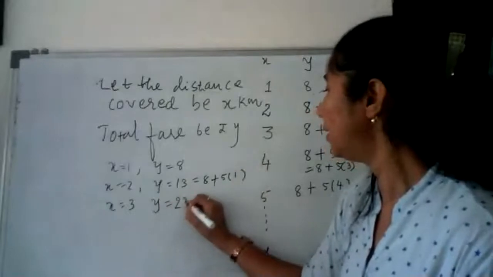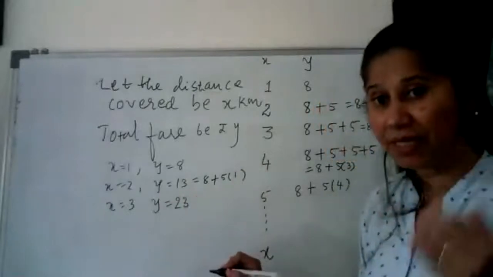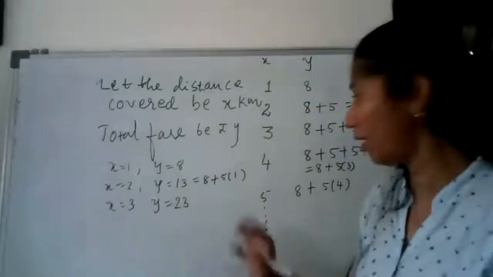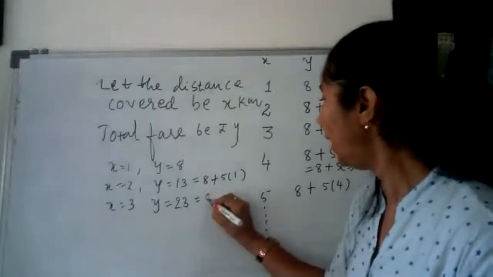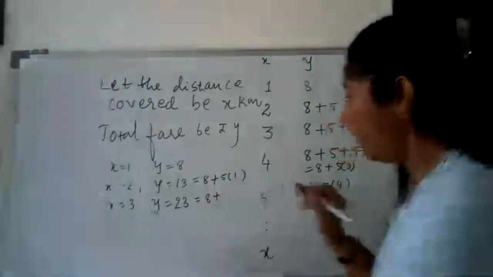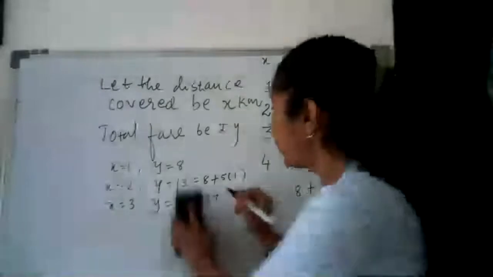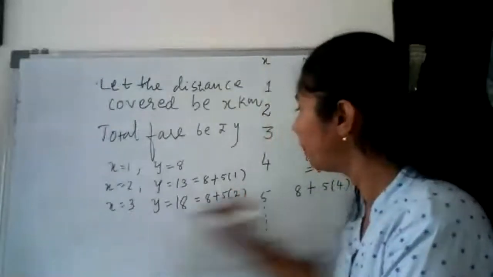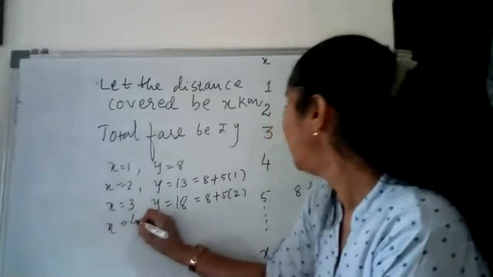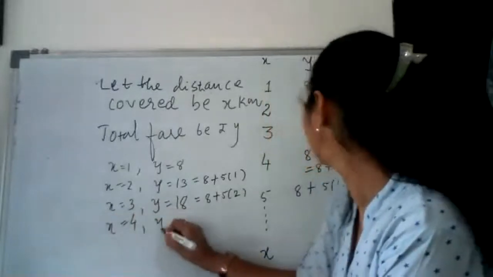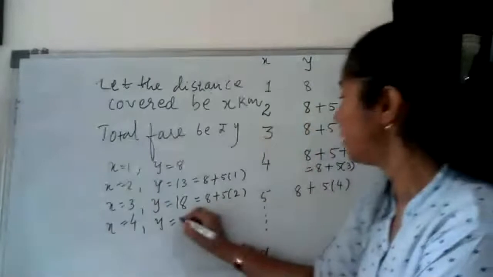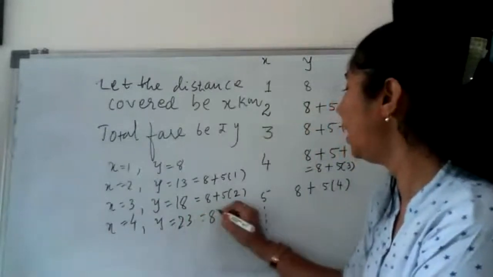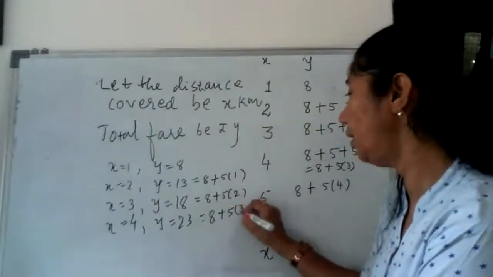Y is 23. Kindly observe this. 1 thumbs up is enough here. 23. अब 8 plus 5 into 2. X is 4. Then y is 23. That is 8 plus 5 into 3.